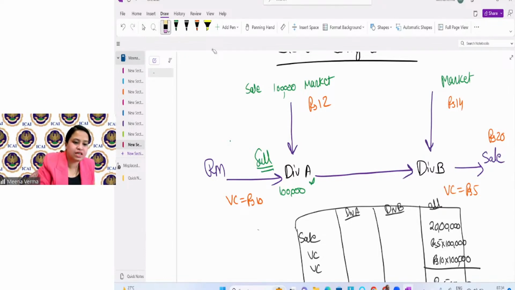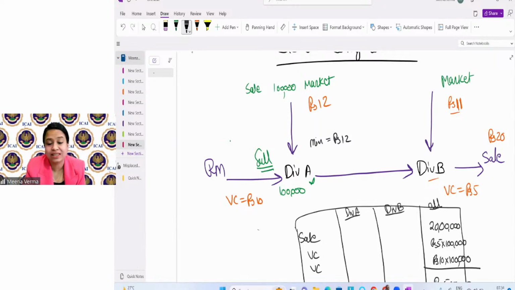For example, if you can buy the same product from the market for 11 rupees instead of 14, let's consider that Division B can buy it from the outside market at rupees 11. Now, in this scenario, what will happen? This manager will quote a minimum price of rupees 12. He will not go below 12 rupees, because he will say, look, I'm already earning this amount. My variable cost was 10 rupees, but I'm already earning a profit of 2 rupees.